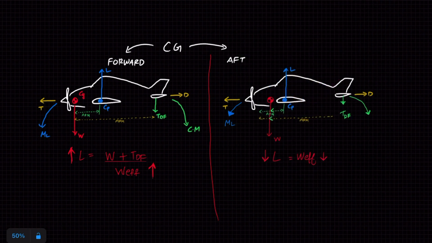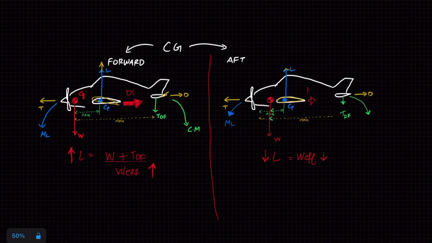Whereas on the aft CG, there is less effective weight, so you need less lift. The plane with forward CG has to create extra lift to compensate for the extra tail-down force, so the plane has to fly at a slightly higher angle of attack to create that extra lift. But the plane with aft CG does not have to create extra lift, so it does not have to fly at a higher angle of attack.